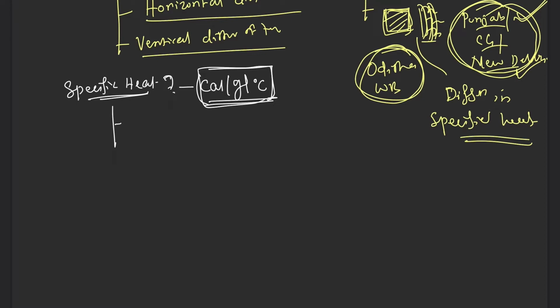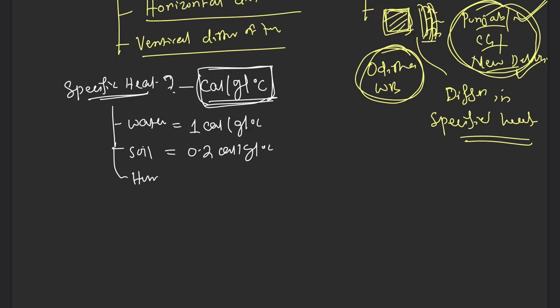For water, the specific heat is 1 calorie per gram per degree centigrade. For soil, it is 0.2 calorie per gram per degree centigrade. For humus, the specific heat is 0.5 calorie per gram per degree centigrade.